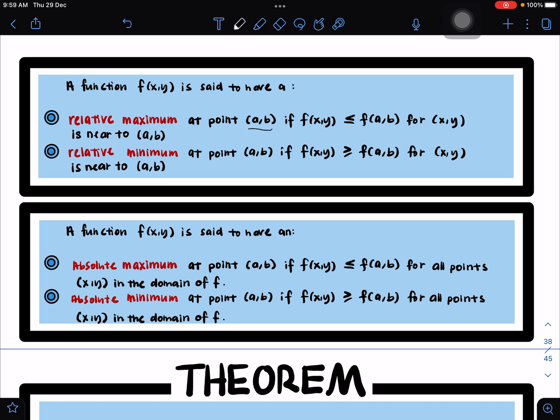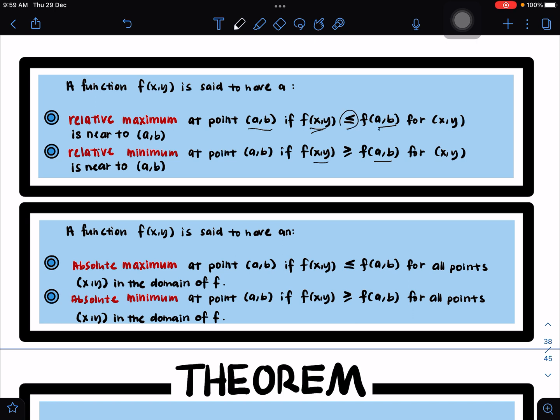So dia relative maximum. Kalau relative minimum, bila substitute nilai x,y lagi besar daripada substitute nilai a,b. So (x,y) and (a,b) is a different point. So kita nak cakap relative maximum at point (a,b) bila f(a,b) lagi besar daripada f(x,y), ataupun f(x,y) lebih kecil daripada f(a,b).